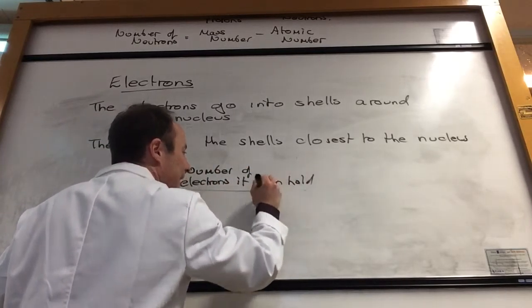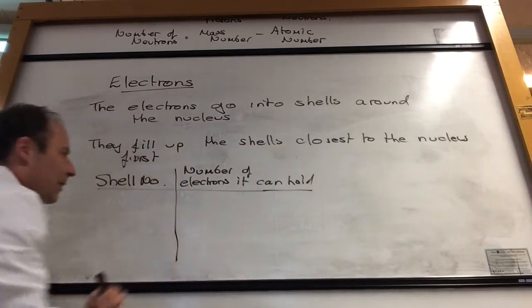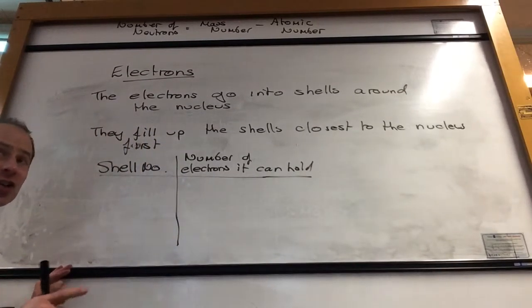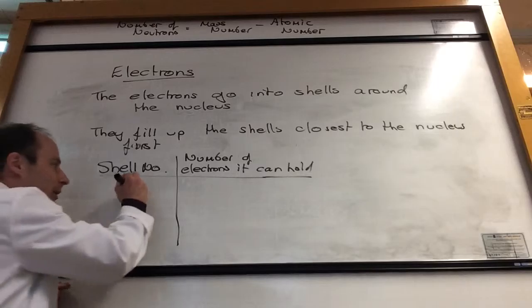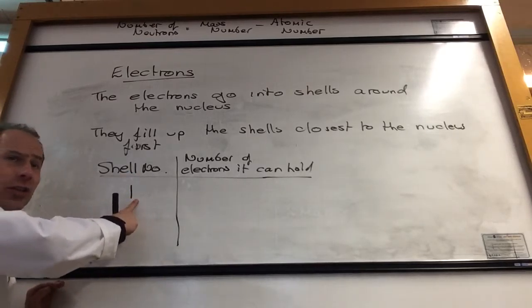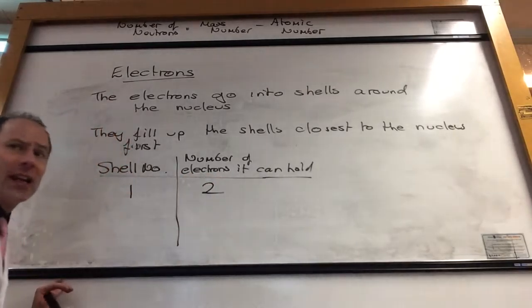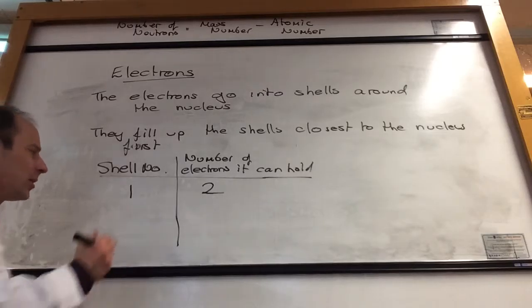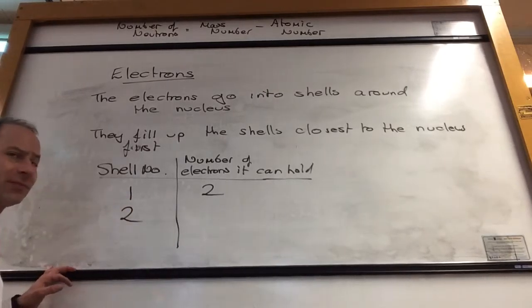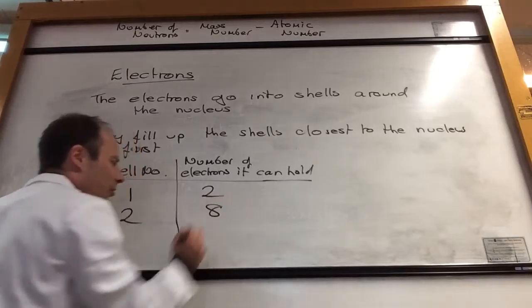Now the rules are really easy, so they're dead easy to remember. So the first shell, shell number 1, that's the one closest to the nucleus, can only hold 2 electrons. Shell number 2, the next one out, can hold 8 electrons.